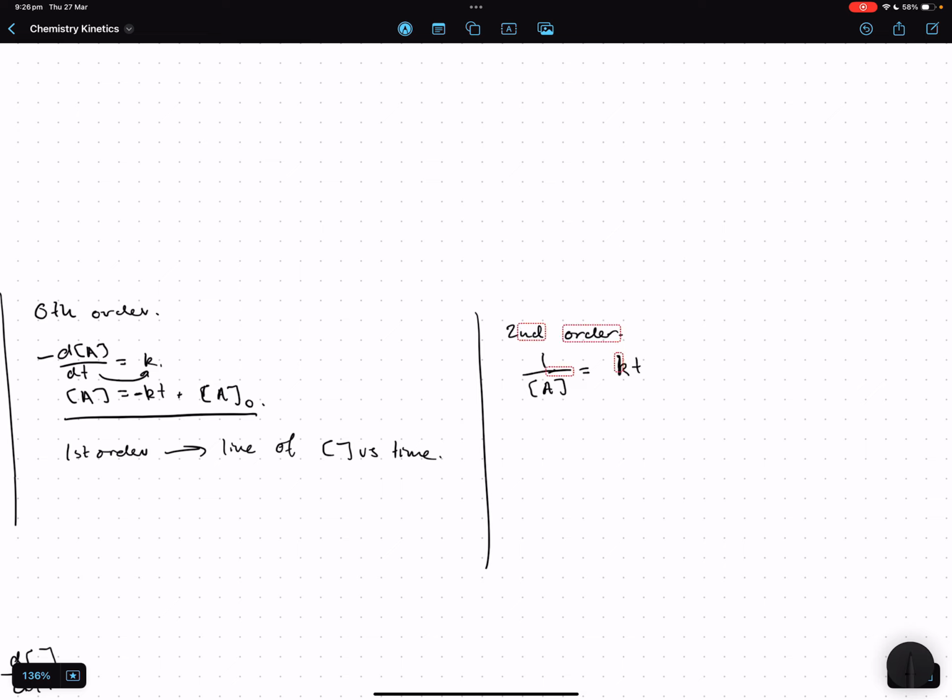So this is positive. The reason is because of the way the integration works. So if we plot 1 on A versus time, then we should get a straight line.